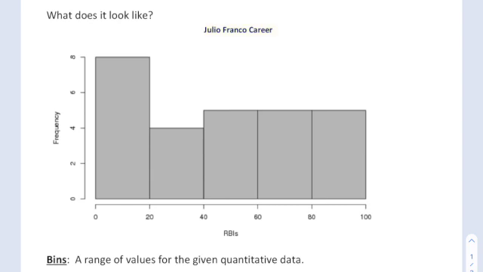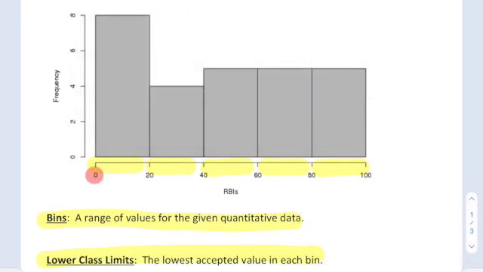Our first important vocab word is a bin. A bin is a range of values within your quantitative data. For this histogram, we have a bin here, here, here, here, and here. To read what numbers go into each of these bins, we're going to use the concept of a lower class limit. Each of these numbers represents the lowest value in each bin.